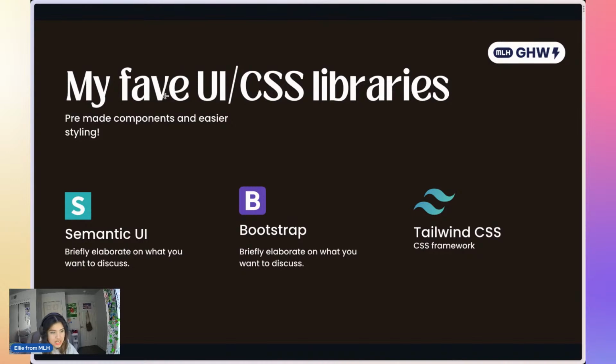And then Tailwind CSS is actually a CSS framework that I started learning, I think, 2 or 3 months ago for making my own personal site. And I've absolutely fallen in love with it. I think it's super intuitive and it changes the way that you use CSS. Tailwind isn't strictly for React.